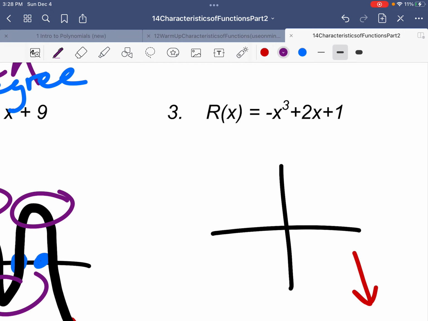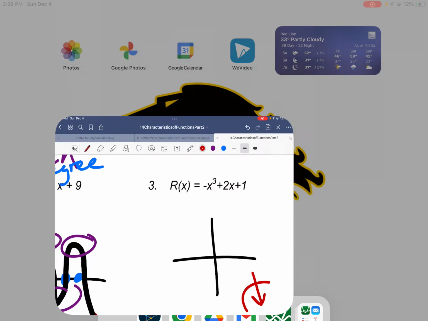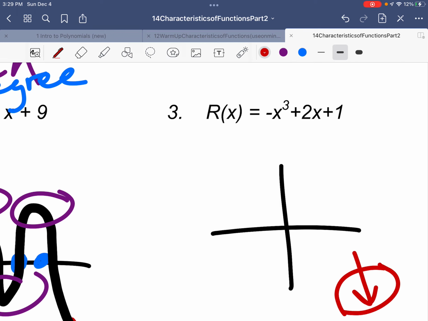What are you doing with this degree? It's odd, so you know that the graph is going to have opposite behavior on the left. Now, if it's going down on the right, then my opposite behavior would have to be going up on the left.